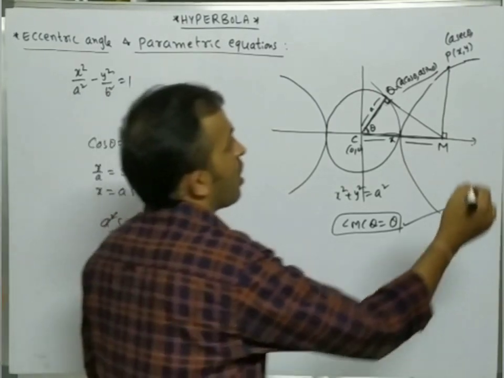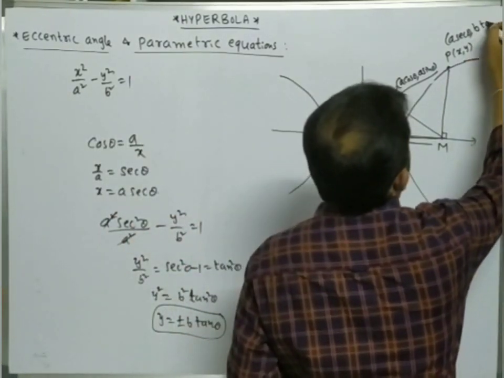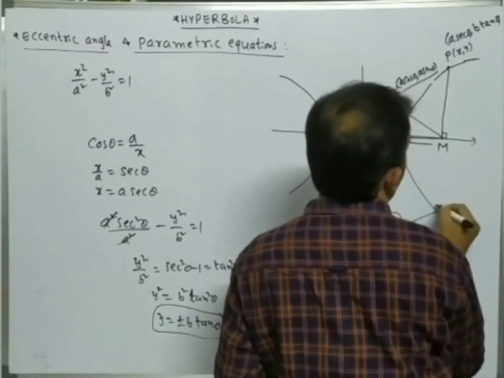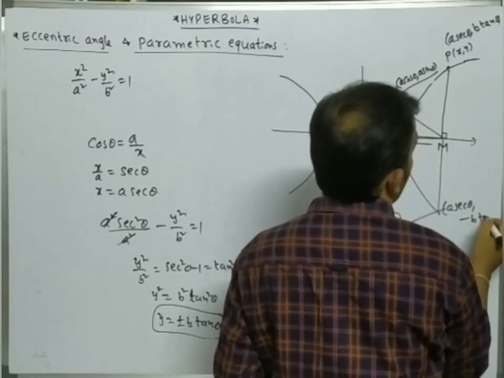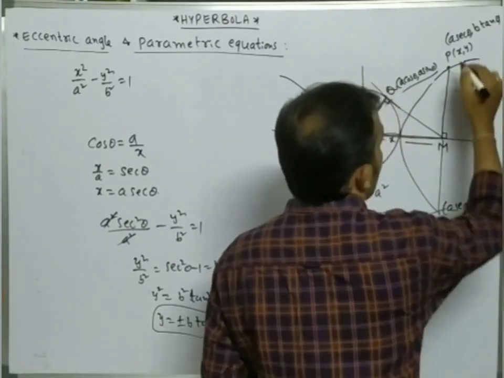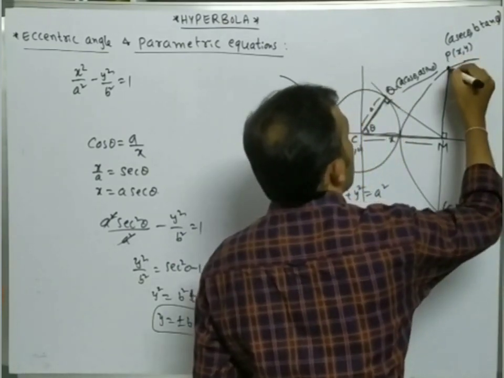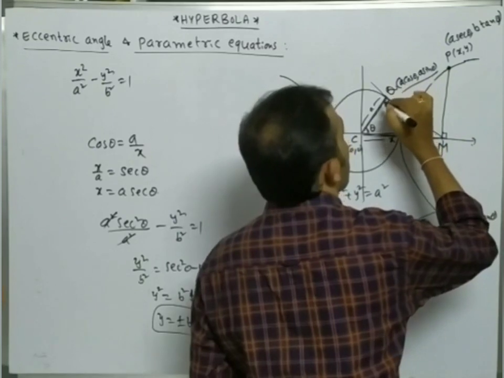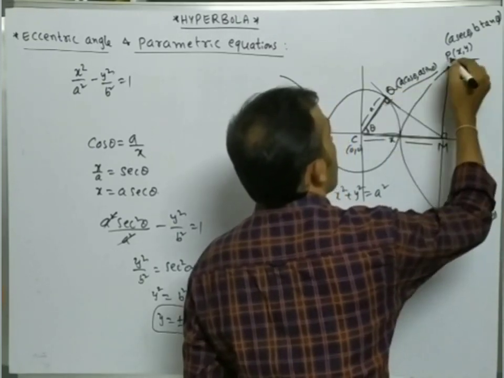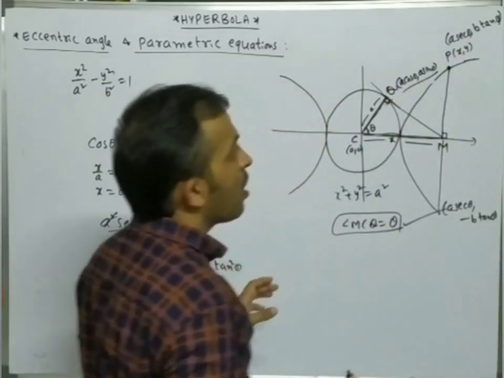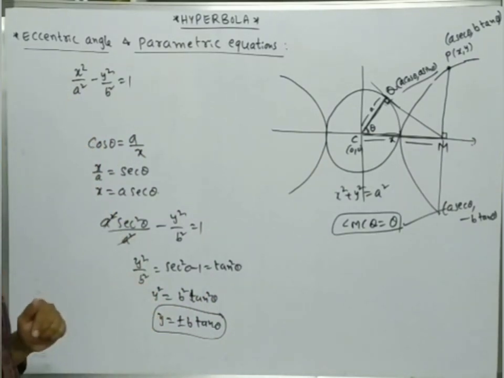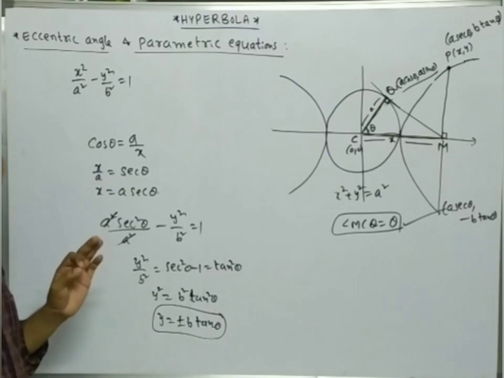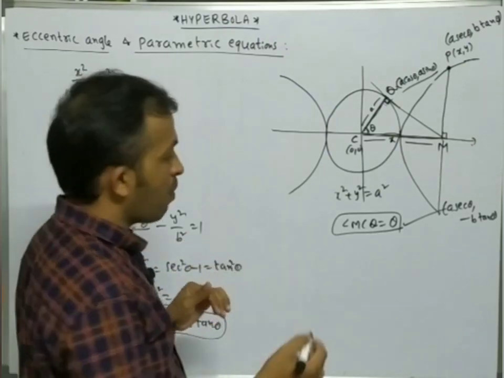So the points are a sec theta comma b tan theta and a sec theta comma minus b tan theta. P is the corresponding point of Q in the parametric form. Therefore x is equal to a sec theta and y is equal to b tan theta are called the parametric equations of hyperbola.